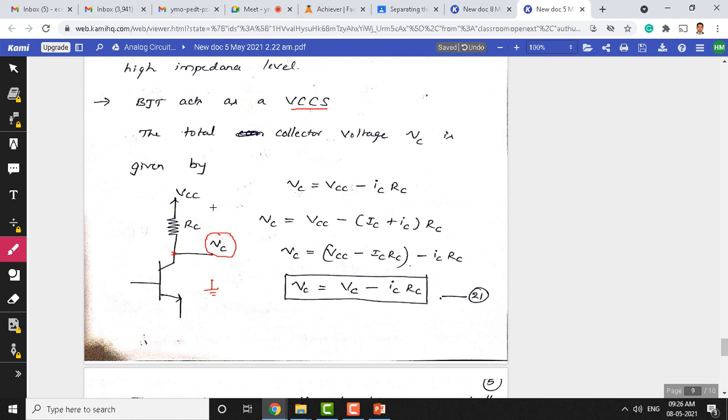We can apply KVL and write the expression. Shortly we can write VC is equal to VCC minus IC times RC. This is the expression we get here. Clear? This is the terminal voltage at the collector with reference to ground.